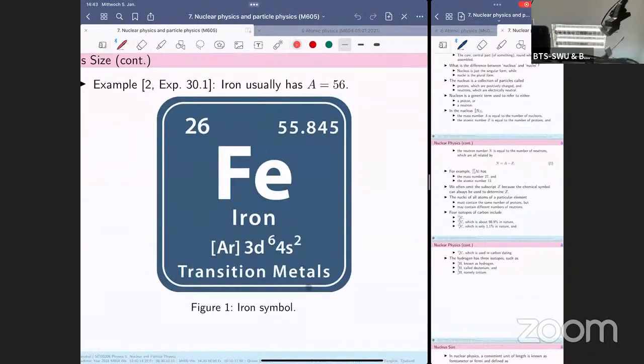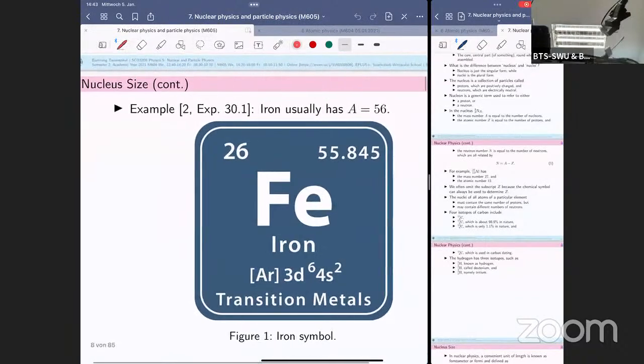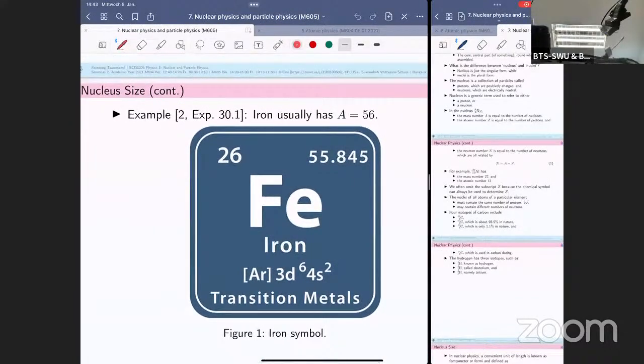It's better if we take a look at an example. We have iron, Fe, which comes from ferrum. Iron usually has A equal to 56 approximately, 55.845, and 26 is the number of protons inside the nucleus of iron.